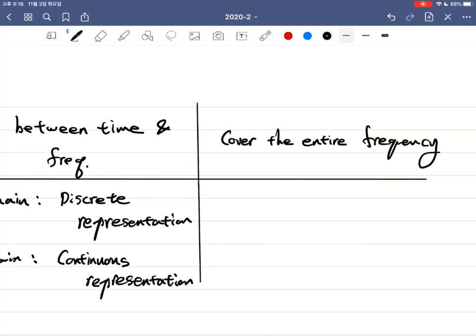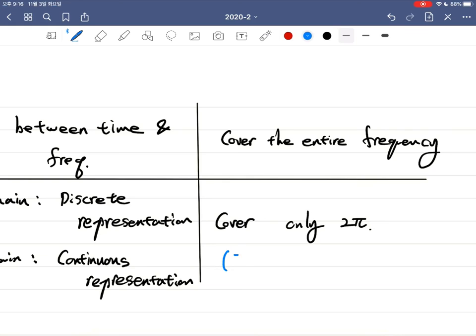However, for the discrete time, you have to cover only one period of frequency, which is 2 pi. And outside this period, the function repeats itself, which becomes a periodic signal.